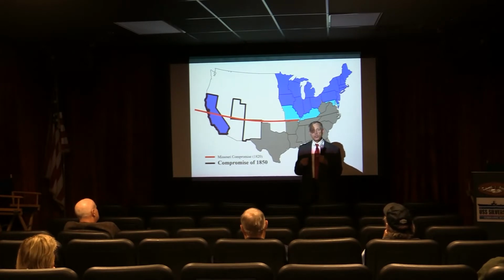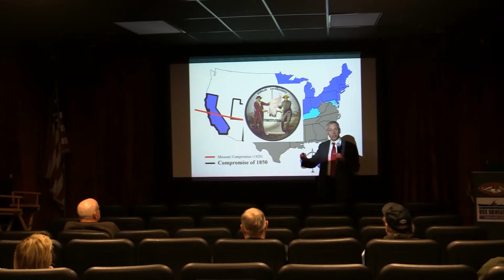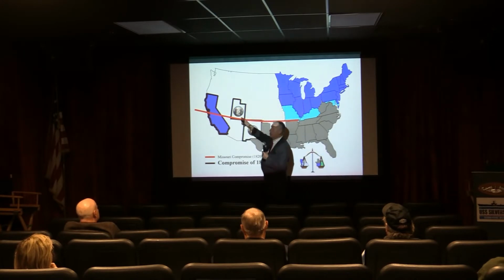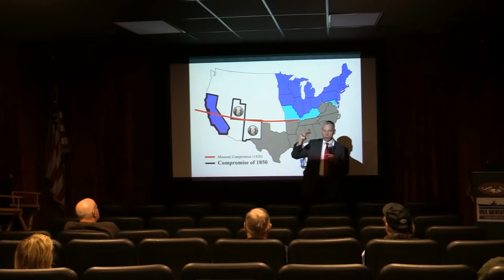This concept was known as popular sovereignty, the leadership or the ownership of the people to decide. It more or less met the constitutional parameters, and so that was advanced and given that opportunity to both of those territories, and they ran with it for many, many years, well past the Civil War.